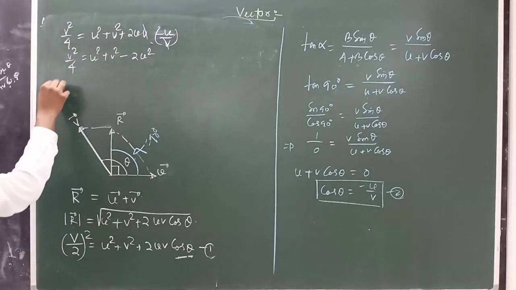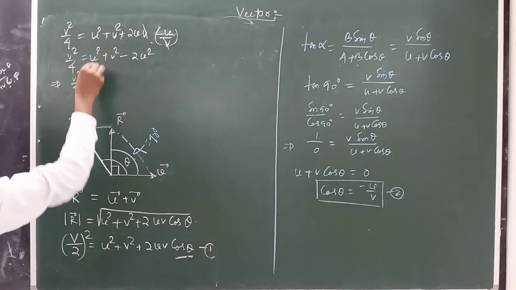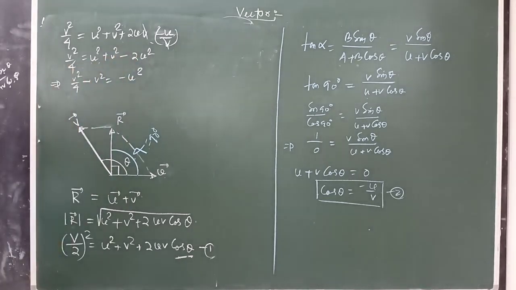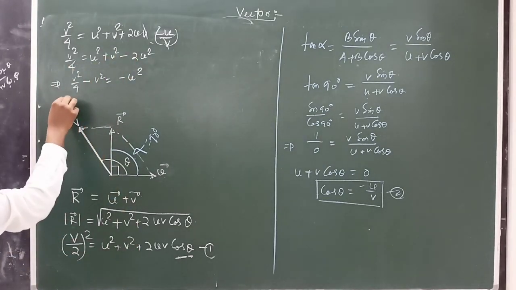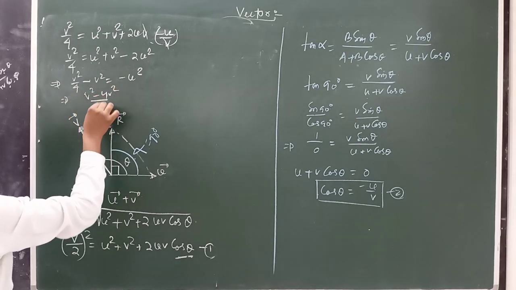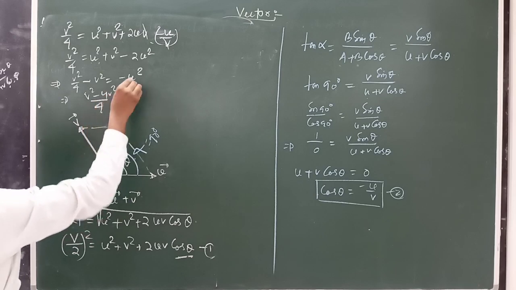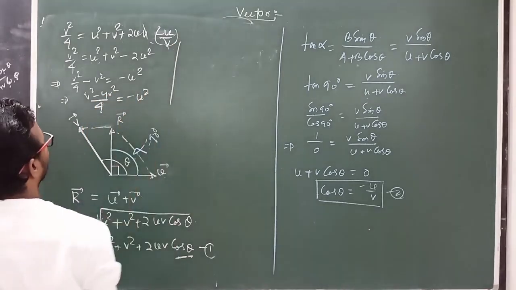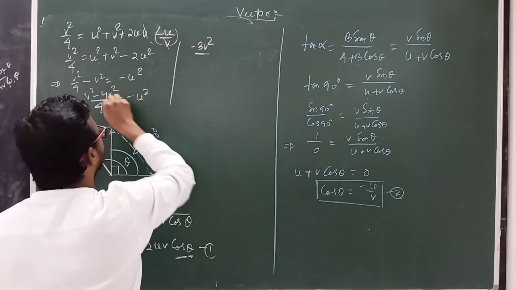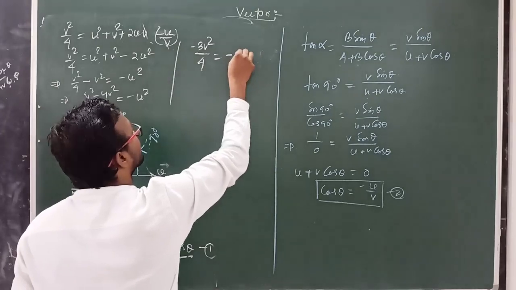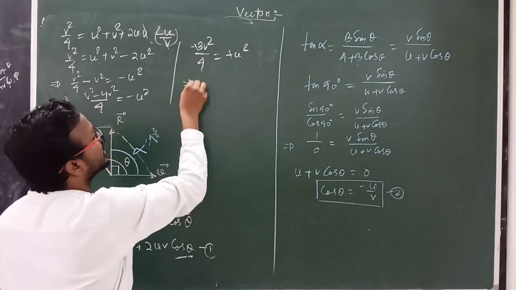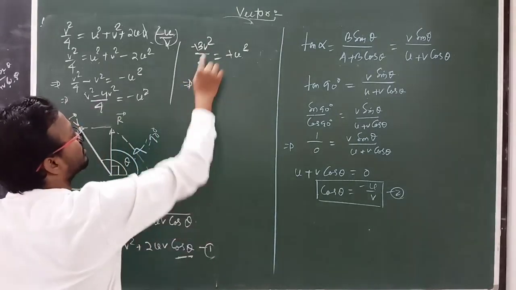Now solve this relation: v square by 4 minus v square equals minus u square, because minus 2u square plus u square means minus u square. Then v square minus 4v square by 4 equals minus u square, so minus 3v square divided by 4 equals minus u square, minus minus cancel, and then you can write the remaining term, that is v square by u square.